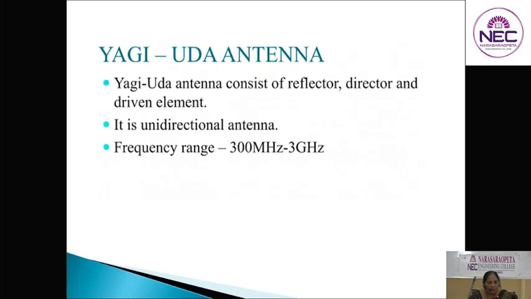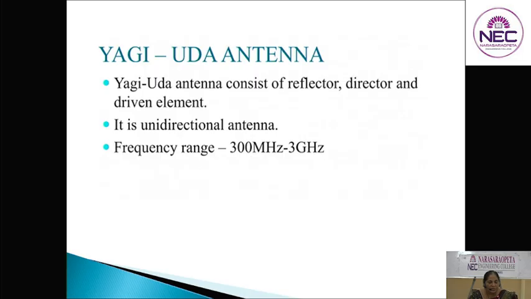Now, I would like to give a brief introduction on Yagi-Uda antenna. Yagi-Uda antenna consists of reflector, director, and a driven element. It is a unidirectional antenna. The operating frequency range is 300 MHz to 3 GHz. Basically, Yagi-Uda antenna comes under non-resonant antenna.